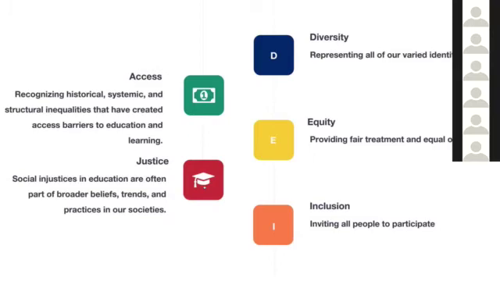And this has to represent itself in our work in having a diverse workforce, a diverse author base, providing equitable and fair treatment and equal opportunity for folks who are involved with our work and engaging with our content, and also making sure that we are inclusive and inviting all people not just to use our content, but to participate in building out that content.